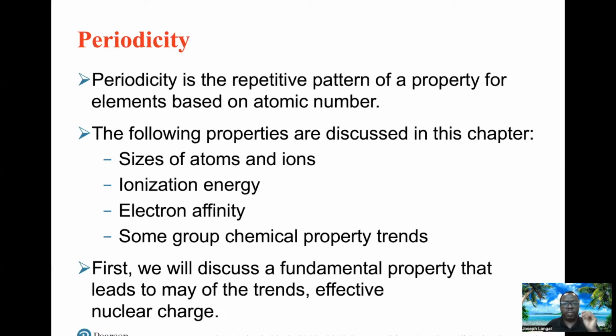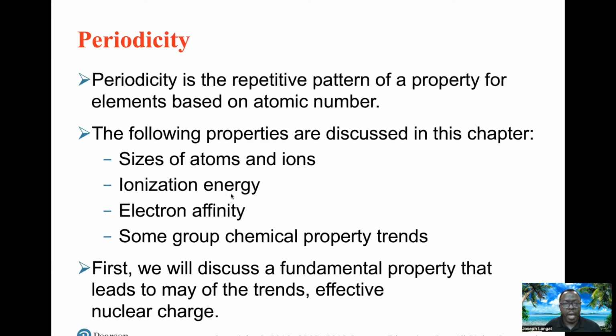And in chapter 7, here are the repeating patterns we will look at in detail. Atomic sizes of atoms and ions, and remember ions are charged particles, either negative or positive. We're going to talk about the cations or anions.